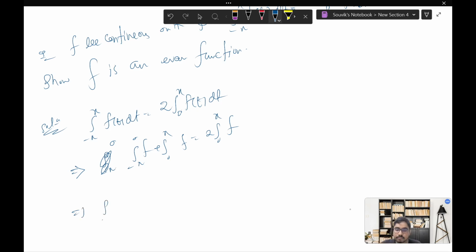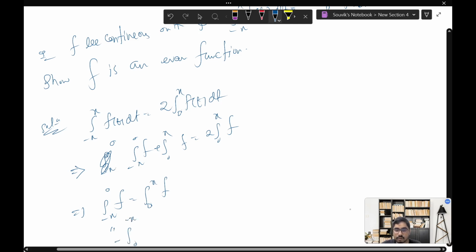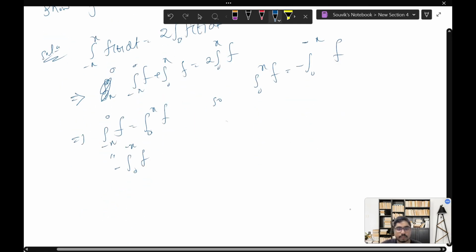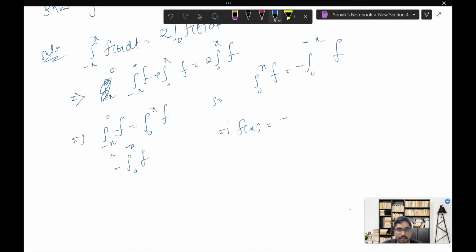So this implies the integration from minus x to 0 of f is 0. And this thing is going to minus of the integration 0 to minus x of f. So the integration 0 to x of f is equal to minus the integration 0 to minus x of f. Now the derivative. So f(x) is equal to minus of f(minus x) into minus 1, which is f(minus x). So by doing the derivative.